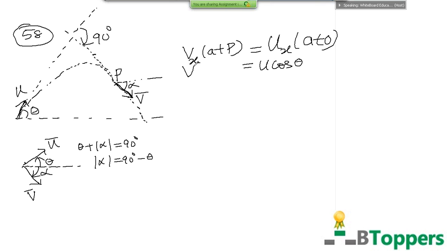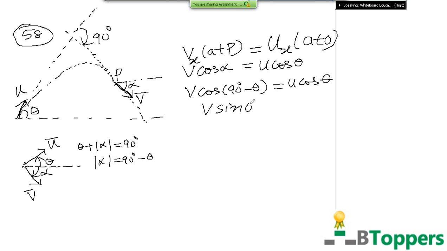The magnitude of the horizontal velocity at the point P you can write V cos alpha. So you can write cos alpha as cos of 90 minus theta. So cos 90 minus theta you get sin theta.